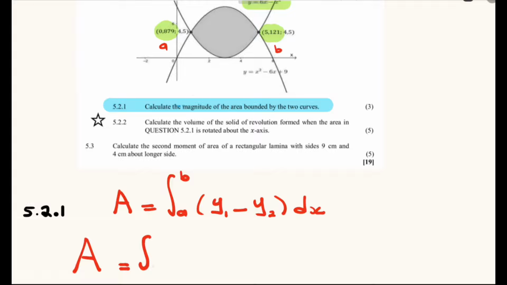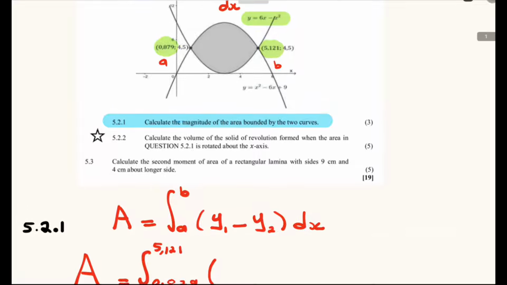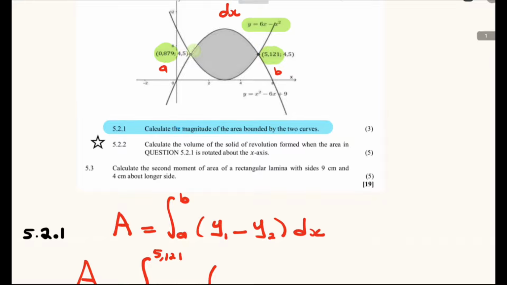In the place of the A, we have 0.879, and our B is 5.121. And our y1 is the function which is on top of the other where our area is.